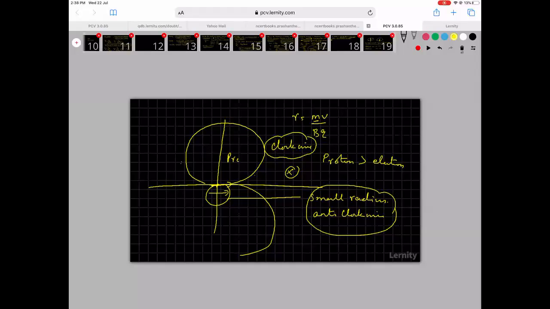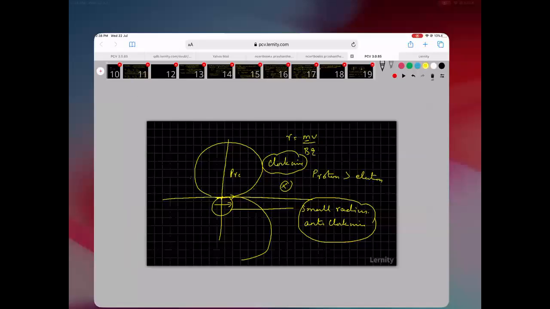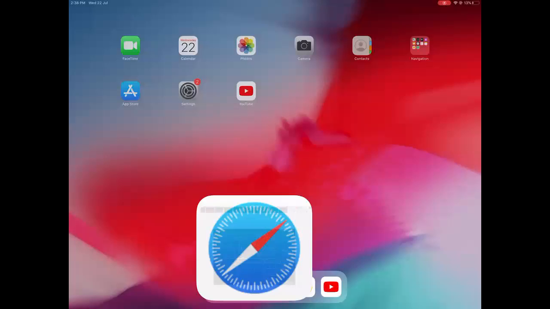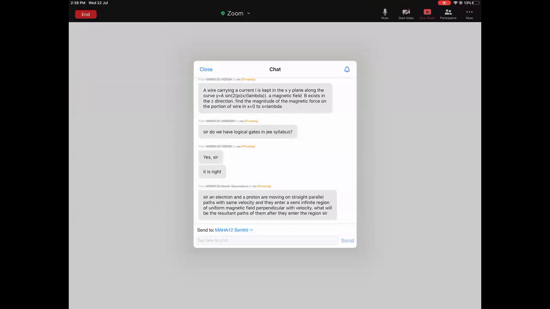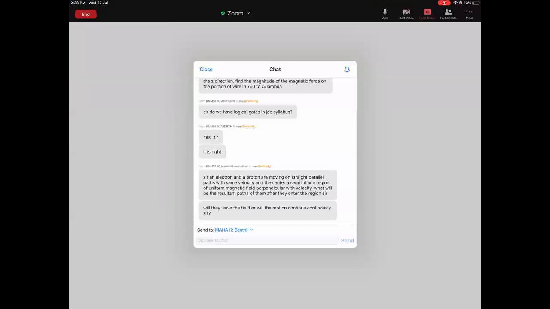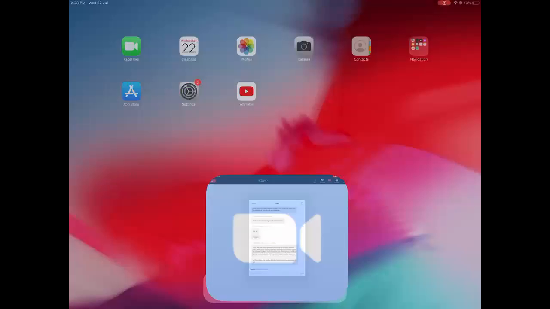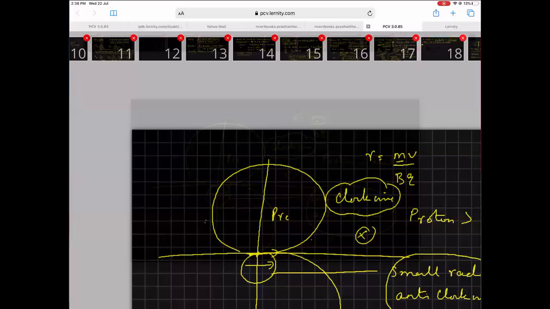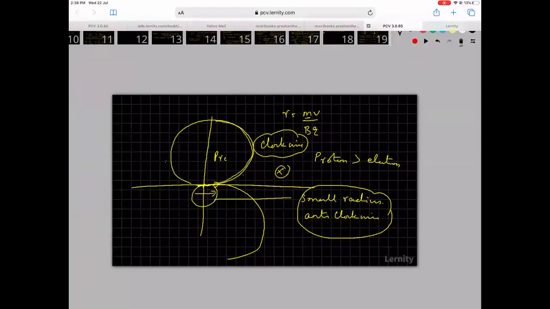Harish, any other details they are asking? What will be the resultant paths of them after they enter the region? So will they leave the field, or will the motion continue? They have to leave the field, because it's only semi-infinite, right? So only on this side there is a magnetic field. After coming, this goes this way, then after coming this also goes this way.